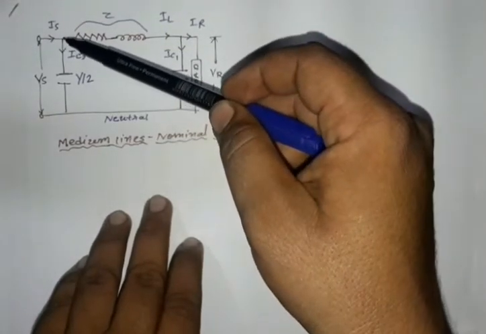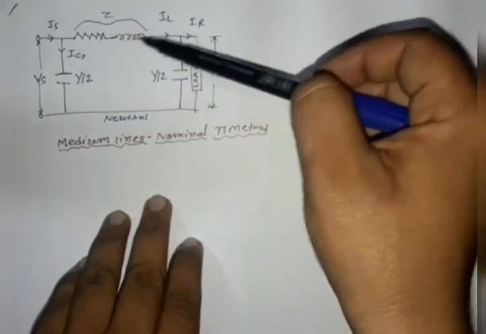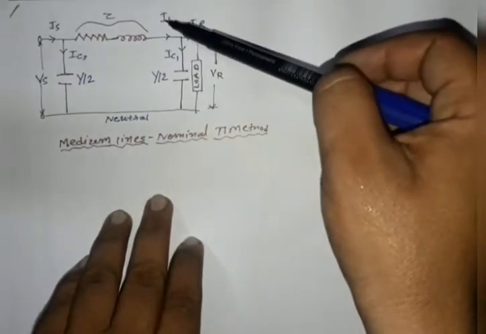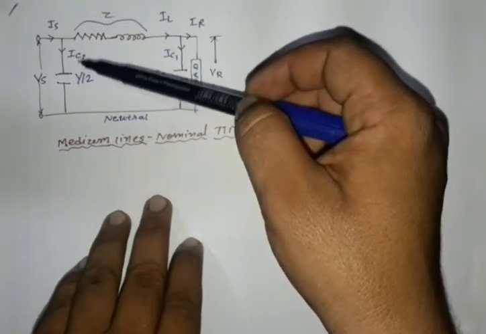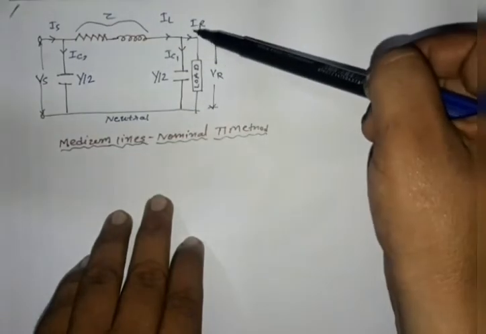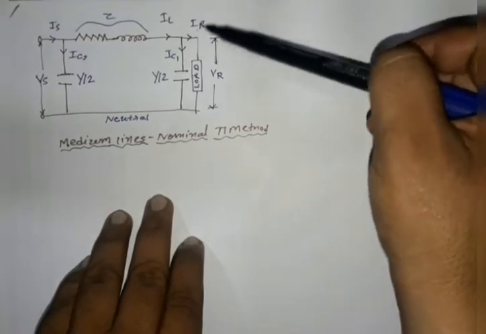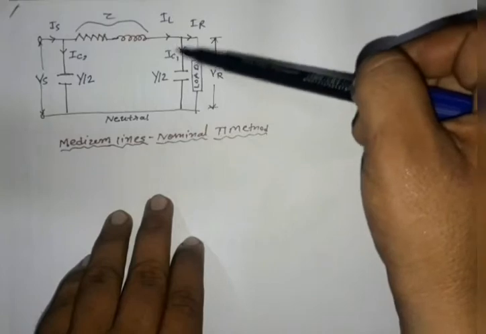When the sending end current flows, it divides into the line current IL and the second capacitor current IC2. When the line current flows to the receiving end, it divides into two parts: the receiving end current IR and the capacitor 1 current IC1.